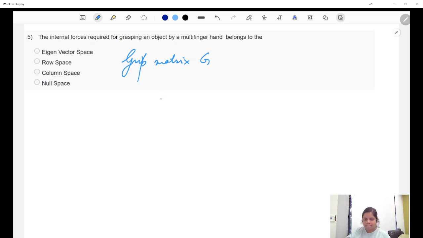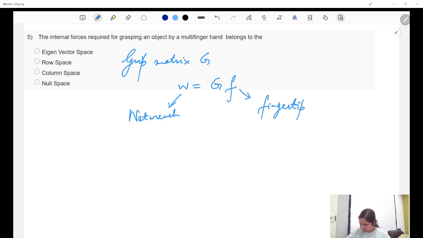Then we want to find out what the net wrench on an object is. It is defined by the grip matrix G times F, right? This is your net wrench and this is your fingertip forces and moments. Now we are talking about internal force.